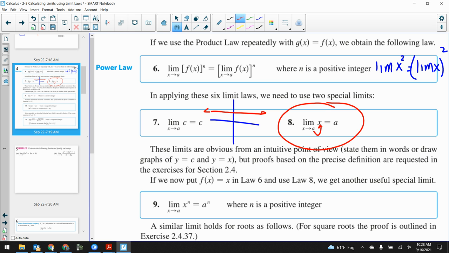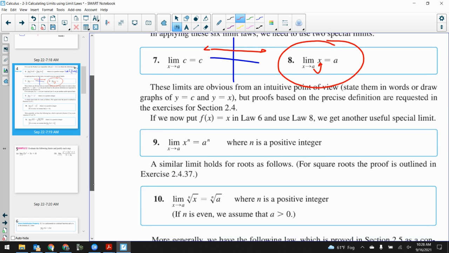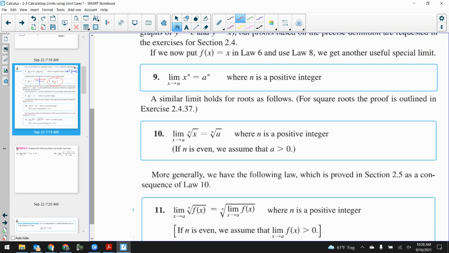Also, and this kind of leads us into the next rule, the limit as x approaches a of x to the nth power is a to the nth power. So this is like saying the limit as x approaches 2 of x squared is 2 squared. More substitution again. The limit as x approaches 3 of x to the third is 3 to the third.